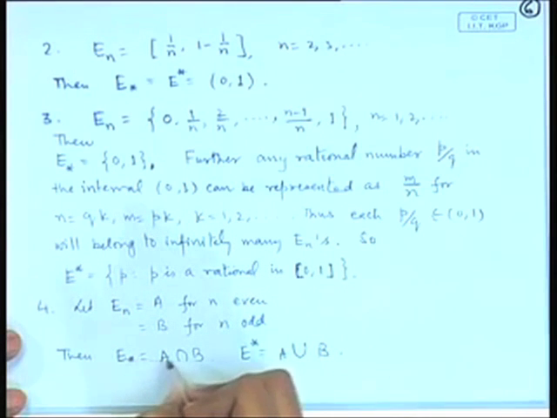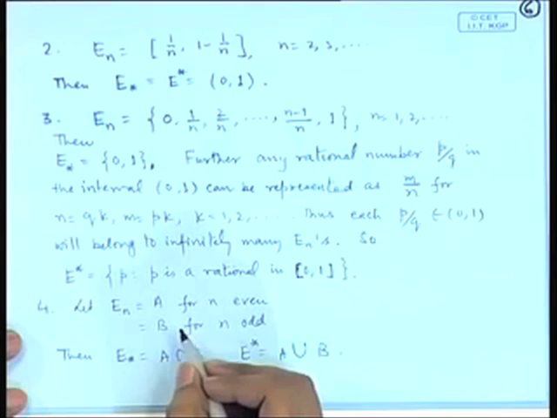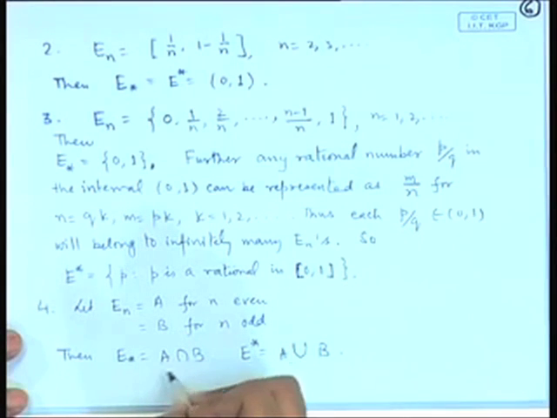Then E lower star is the set of points which are common to both A and B, because if we consider a point which belongs to both of them, then for all but finitely many sets of En, x will belong to them. However, if a point is not in one of A and B, then for infinitely many values of n it will not belong.